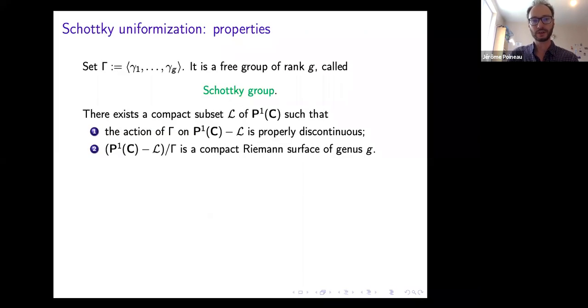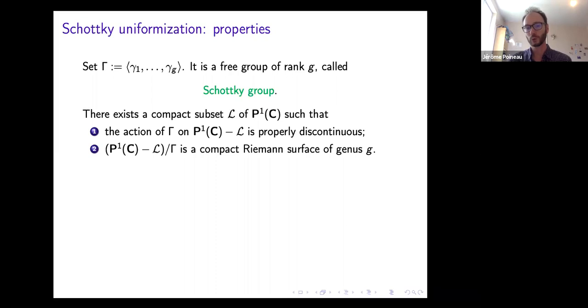So let me sum this up here. We have these properties. I consider the group Gamma generated by all the gamma i's. It's not difficult to see that it's a free group of rank g.